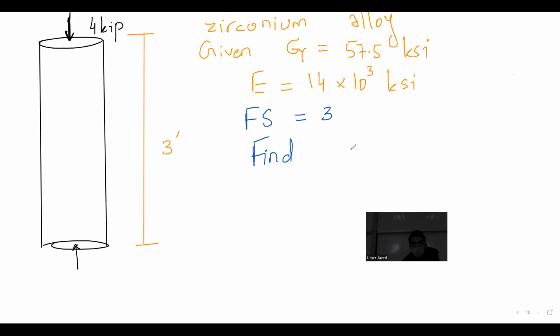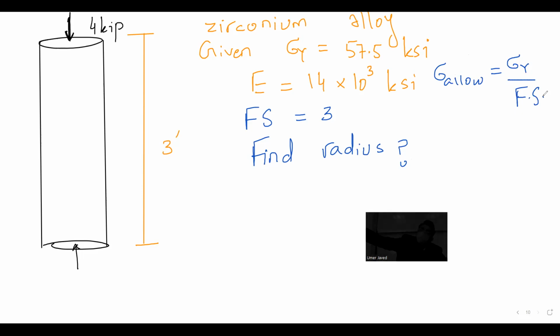Find the radius. Okay, I will start the problem for you and then you will solve it. Sigma allow equals sigma yield over factor of safety. What does factor of safety mean? You really don't want to be close to the yield point, right?